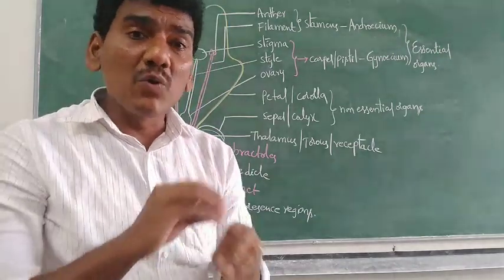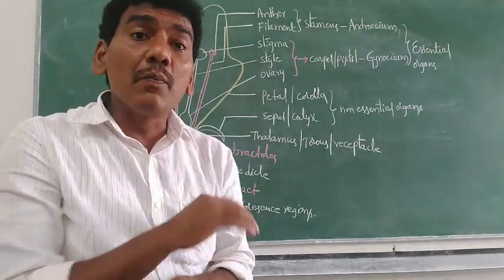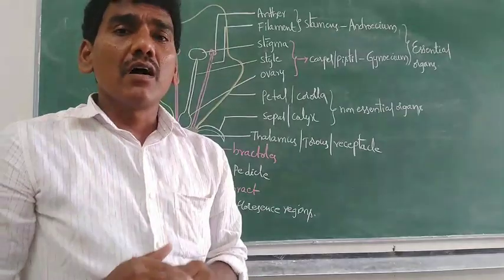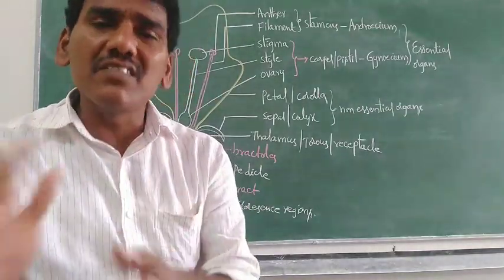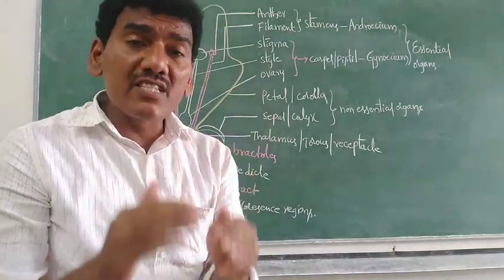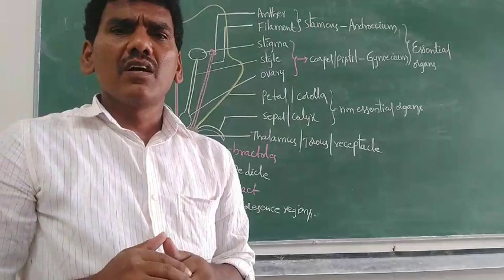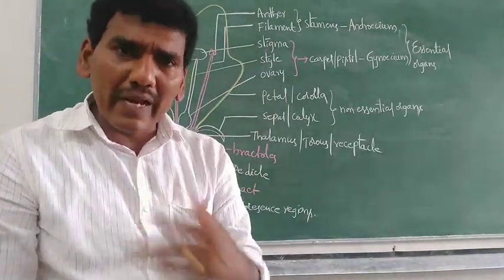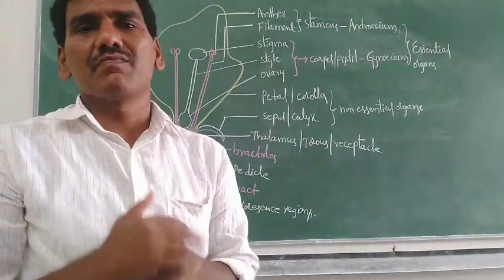In most of the plants, after fertilization, calyx completely degenerates. But in some plants after fertilization, the persistent calyx is present. The persistent calyx is mostly present in the Solanaceae group of plants, like chili, tomato, brinjal.